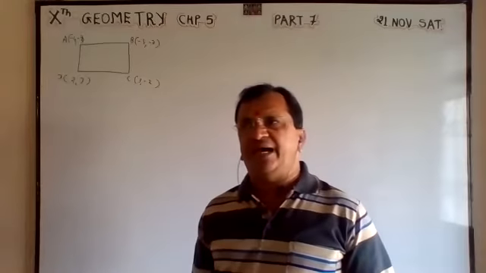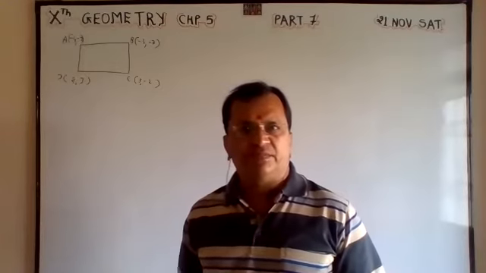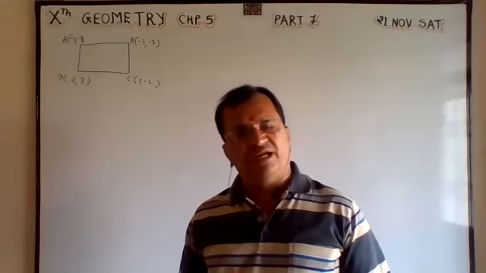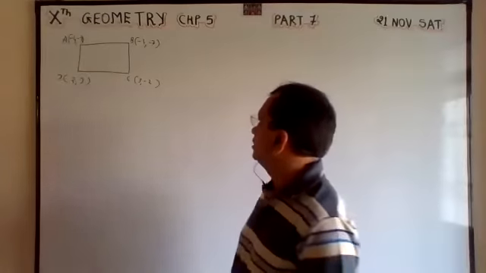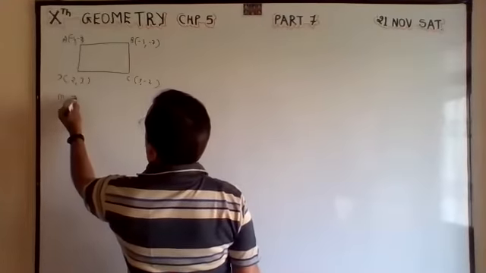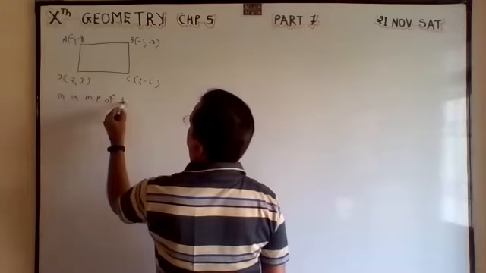If the midpoints of diagonals are the same, it means the diagonals bisect each other, then we can say it is a parallelogram. So M1 is the midpoint of AC.